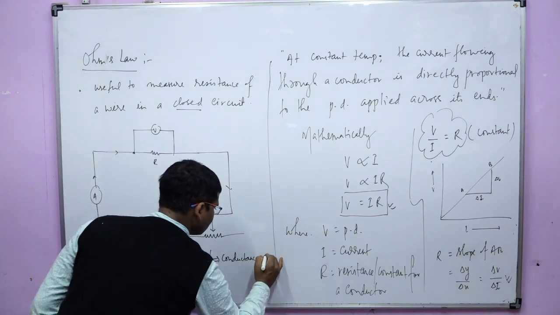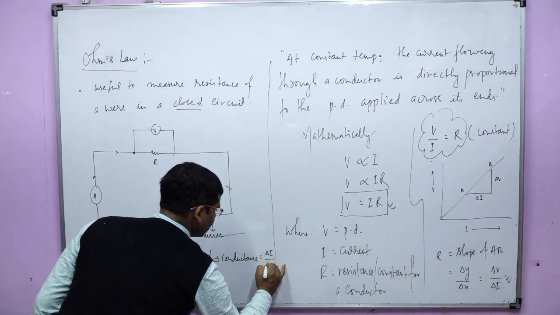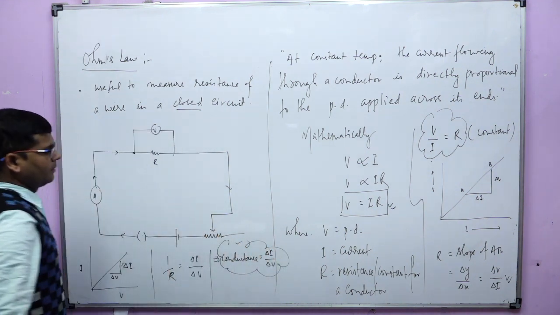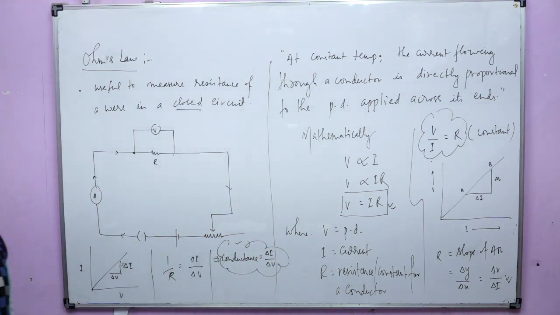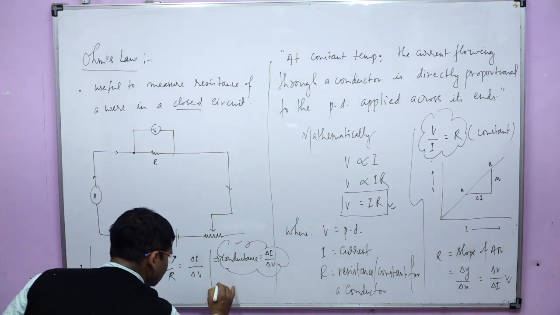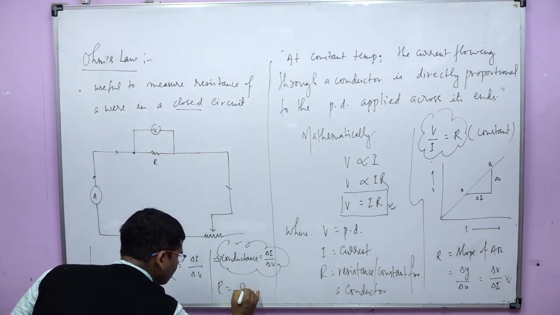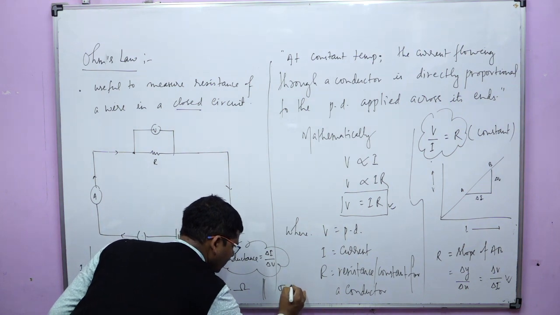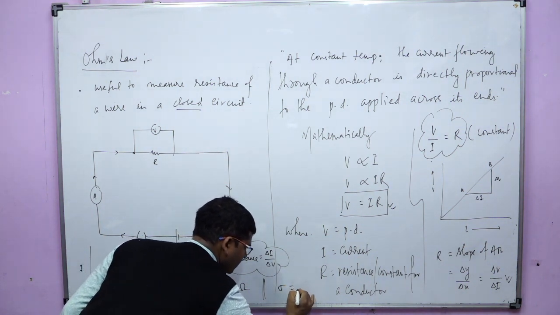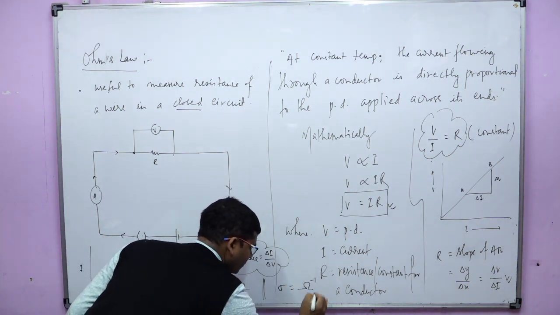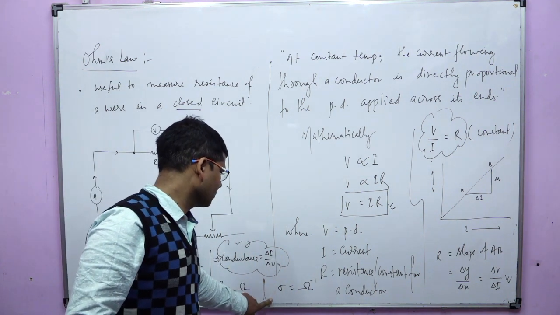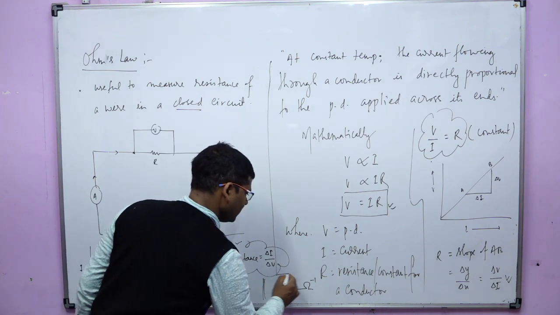Conductance is equal to change in I by change in V. This you have to remember. For resistance, its unit is ohm, omega, and for conductance, it is per ohm. These two things also you can keep in mind.